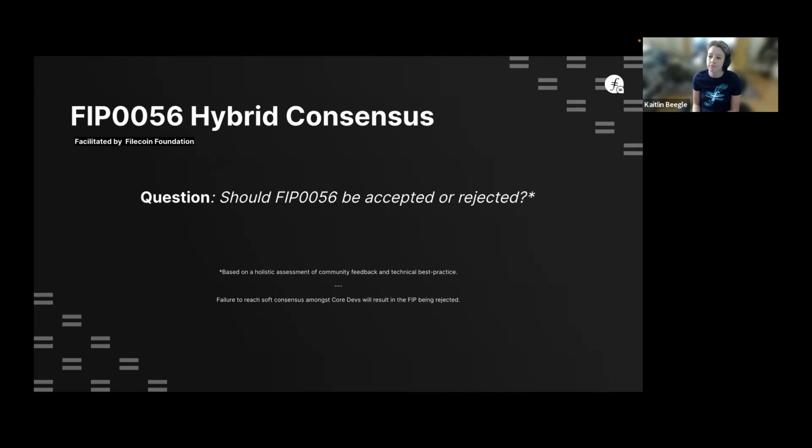Jennifer? Yeah, just quickly following up on what Katie said. I 50% disagree a little bit, because I do think that if this FIP's authors had engaged with implementers a little bit earlier, we could have found a lot of the design gaps, as Deb mentioned earlier in the day, including the termination fees, the collateral, and the penalty.